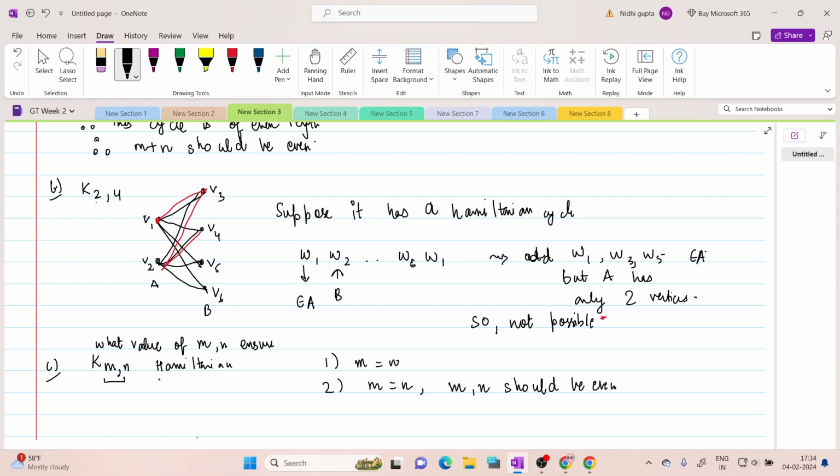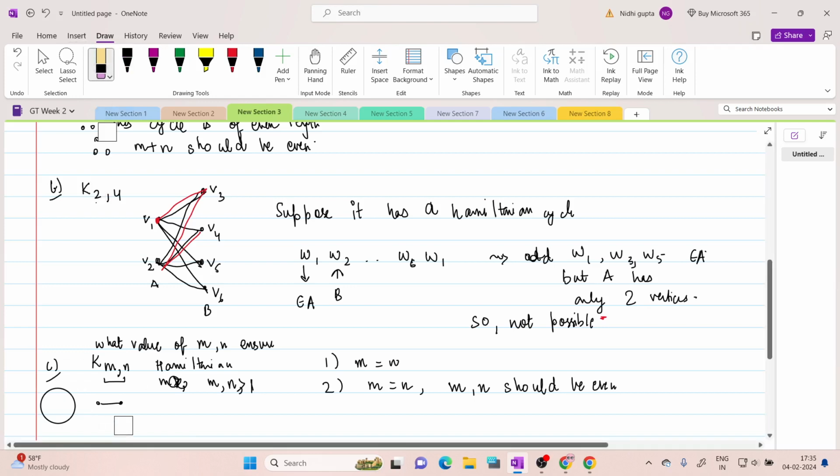We are assuming M, N greater than 1, because if M or N is 1, it is just one line and it cannot be Hamiltonian.